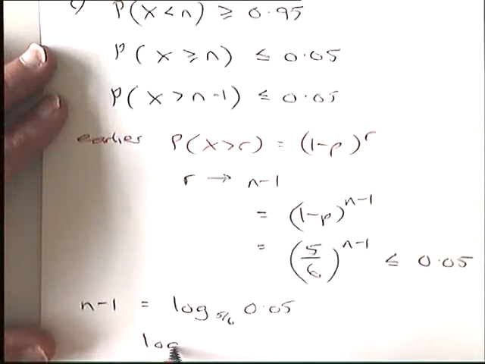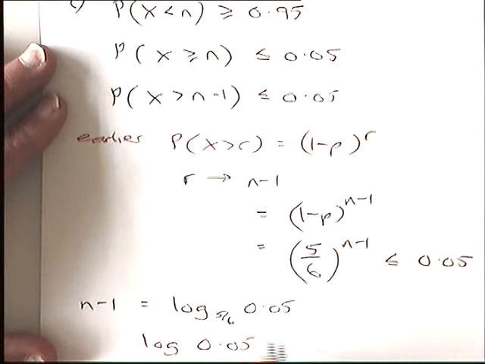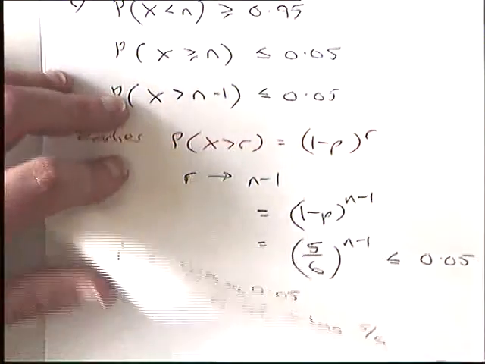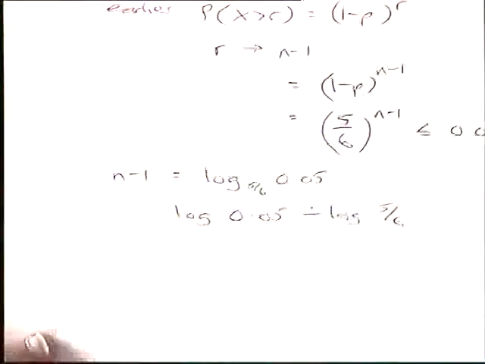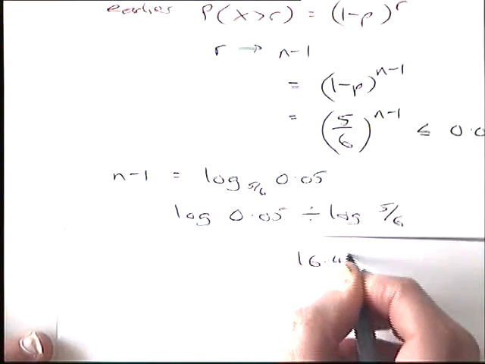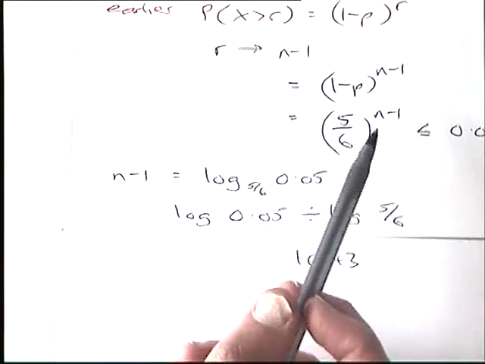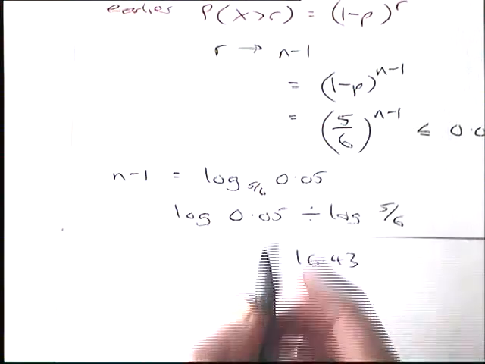The way I did it on a calculator, I did log of 0.05 divided by log of 5/6. That comes out to be 16.43. That is what n minus 1 is, because that's what the power was.